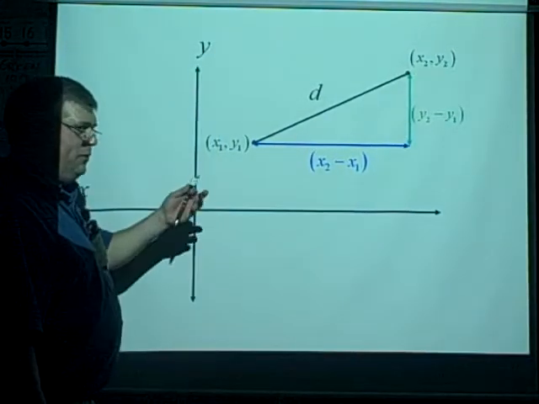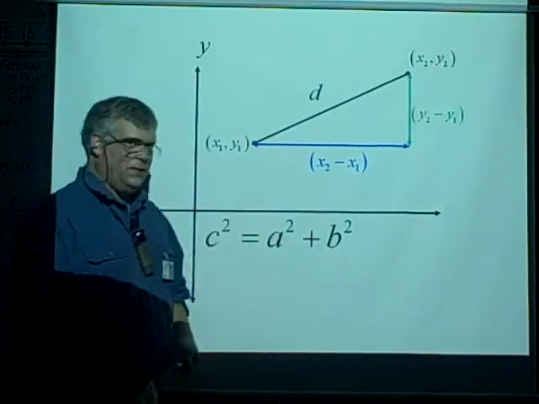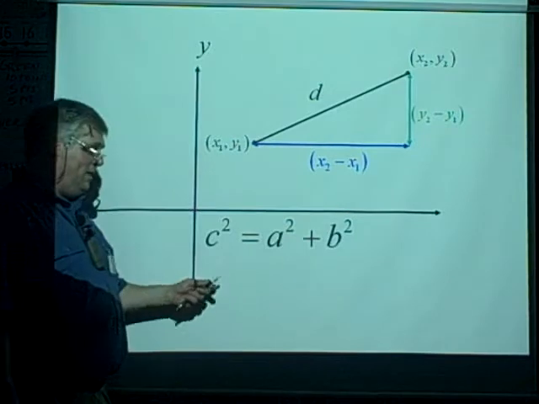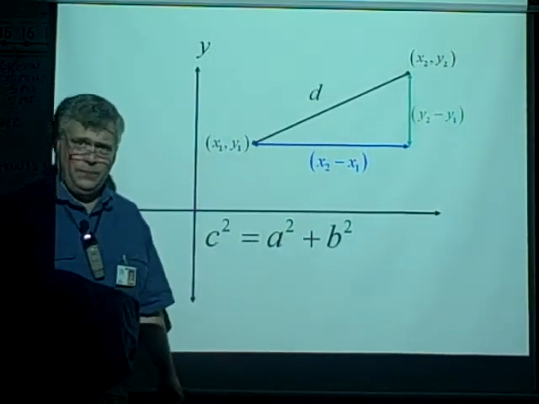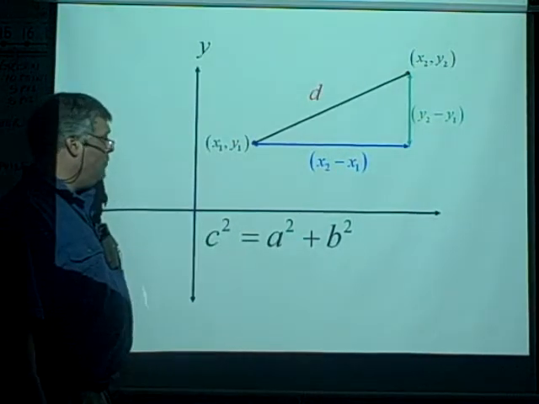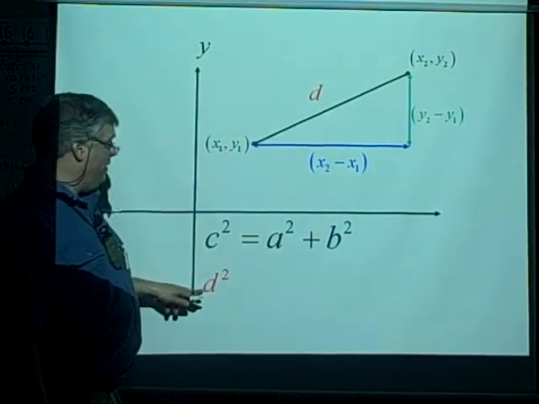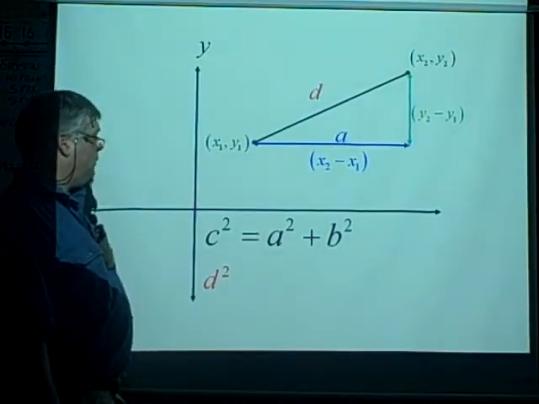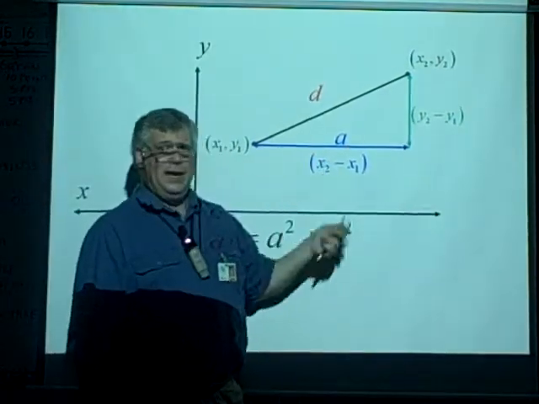So now that I have those 2 lengths, I work with c squared equals a squared plus b squared. Now I know in my class, I have this written the other way around with the c squared in the end. It's still the same formula. But now instead of solving for c, we're going to be wanting to look for d. So we change this to d squared instead of c squared. Now, I could make this a or this a. It doesn't matter.